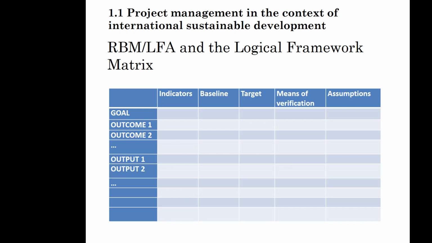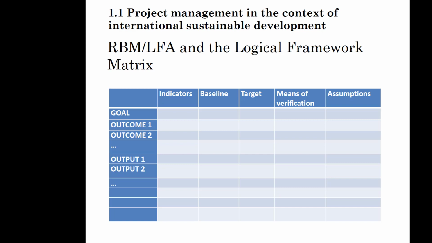The baseline for it could be, let's say, 15% of the children are currently undernourished. So this 15% is the departure point against which you can measure the achievement of your outcome. The target could be to reduce this undernourishment by 5% in the next 10 years, with the help of the project, of course.